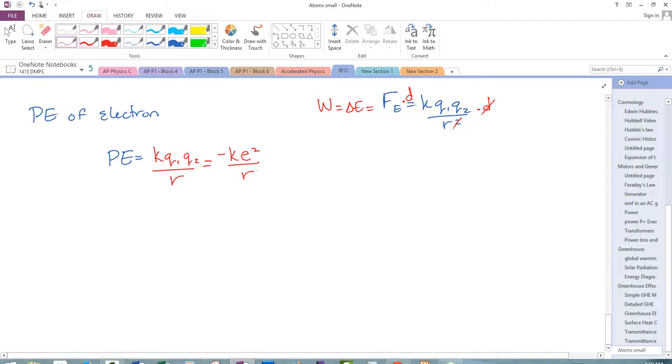If we assume that we're living at a reference frame where the nucleus is at rest, because it makes our life better, then we can say that the total energy of the system of this electron and the proton are the potential energy of the electron as it's orbiting and the kinetic energy of the electron, because the proton isn't going anywhere.